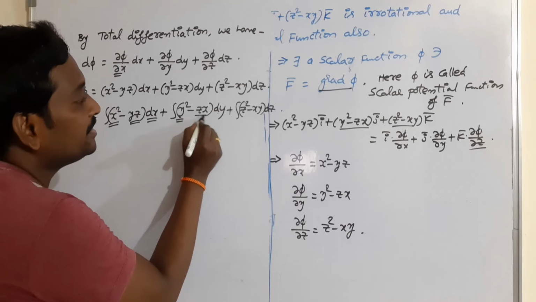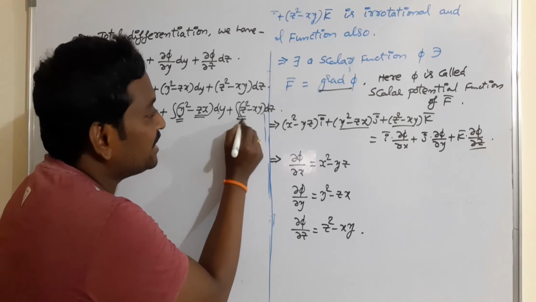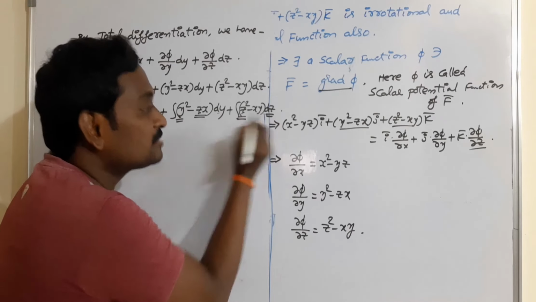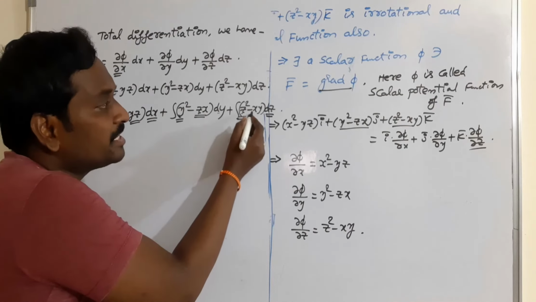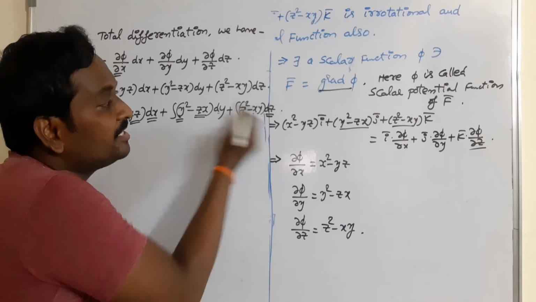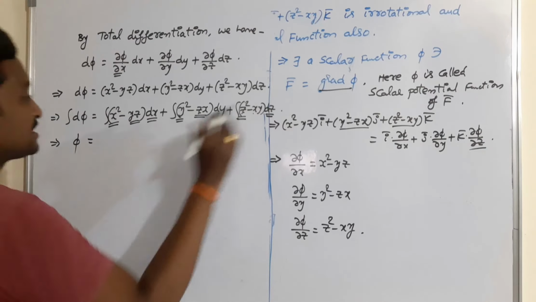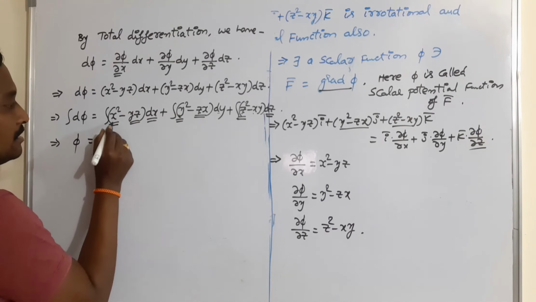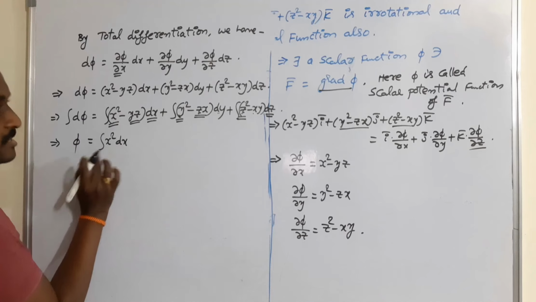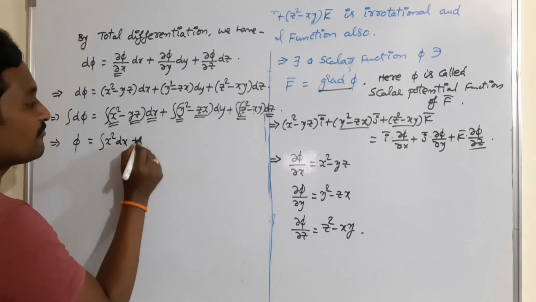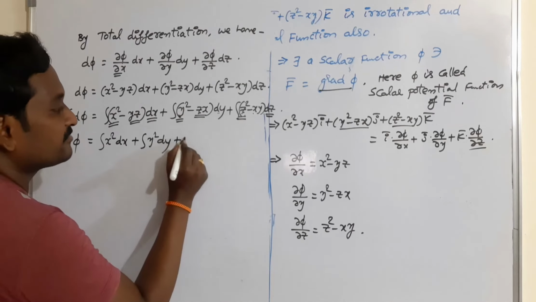But the integration of zx dy is not possible. Also the integration of z square dz is z cube by 3, but there is no integration for xy dz. That's why I will write the entire parts as follows. First write the integration of x square dx, because integration is possible for x square with respect to x. Also the integration of y square dy is possible. Also the integration of z square is possible.